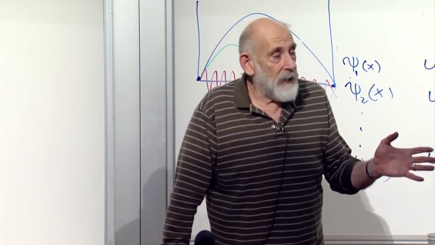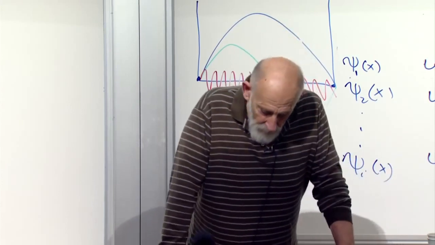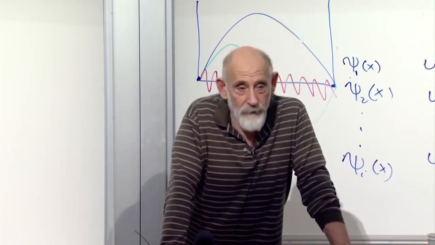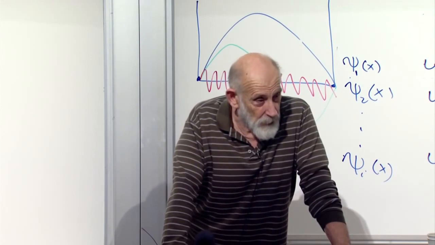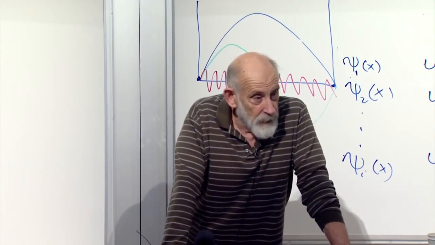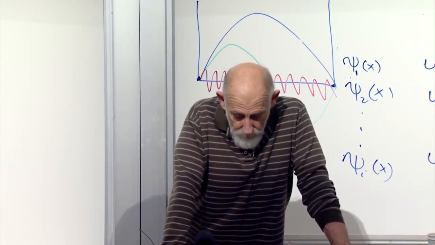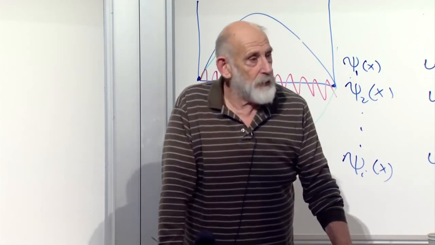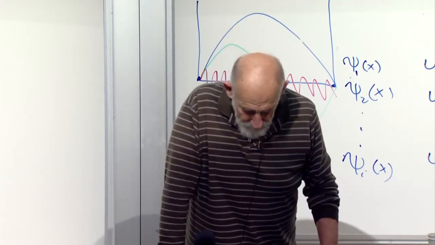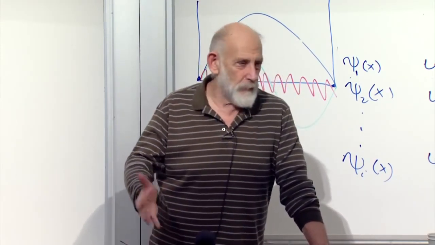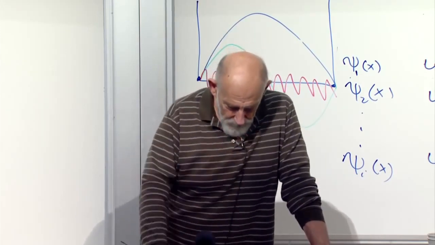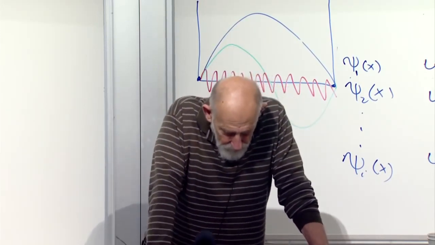Constants do nothing. They commute with everything. Another way of saying it is, in keeping track of energies, the only thing that really counts is energy differences. So you can throw away that ground state energy, except for certain very special purposes that are not going to concern us right now.